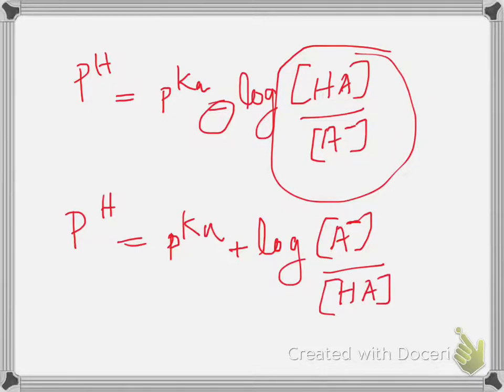This is the Henderson-Hasselbalch equation: pH equals pKa plus log A minus by HA.